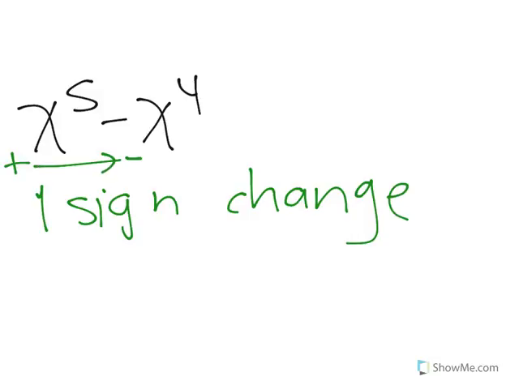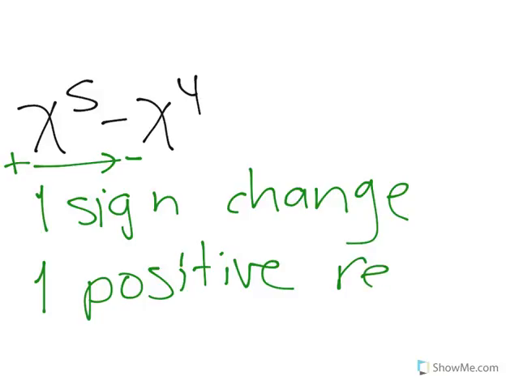So that means that we have one positive real zero. And we will learn how to factor this, and we will find that in fact we have only one positive real zero for this function.